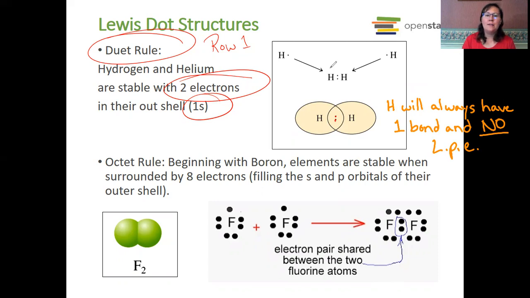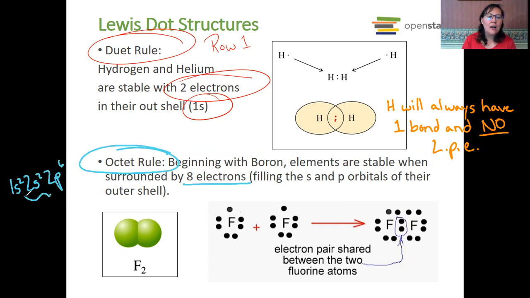Okay, now let's take a look at our next one, and we have what's called the octet rule. So beginning with boron, elements are stable when surrounded by 8 electrons. This fills the s and p orbitals of their outer shell. So if we look at fluorine, remember fluorine is 1s2, 2s2, 2p6.